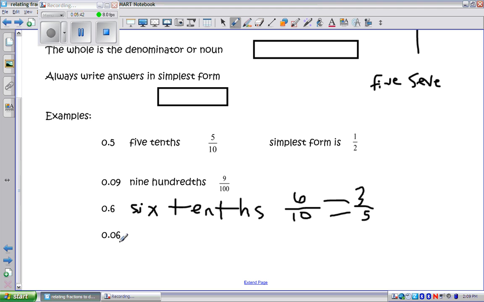What about this one, 0.06? Well, we go 2 places over, so we're in the hundredths. We have 6 of them. So once again, I have 6 hundredths.